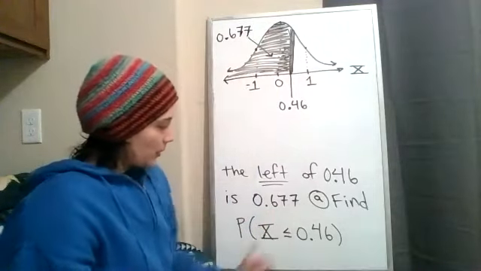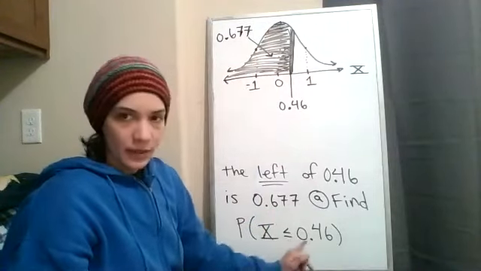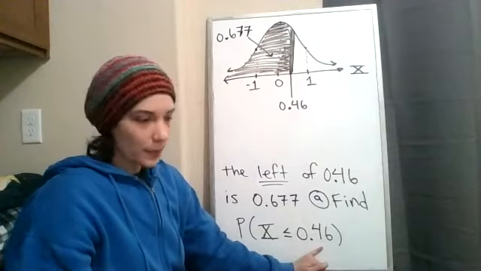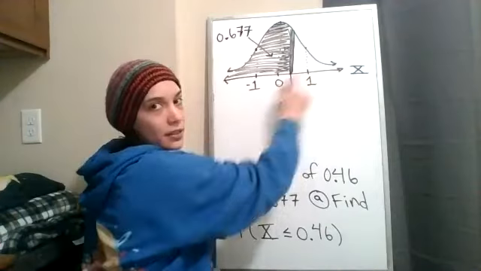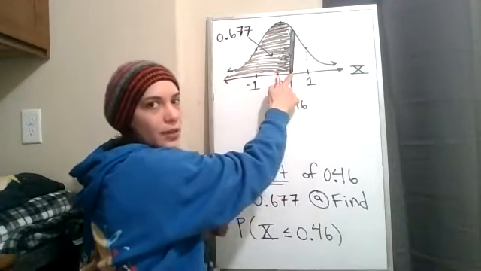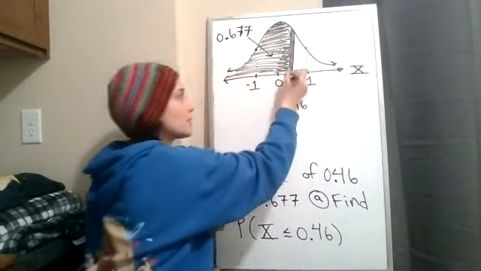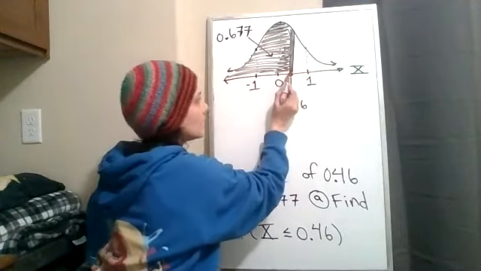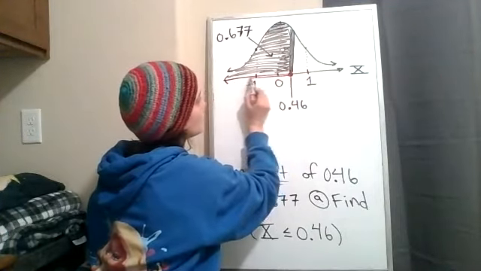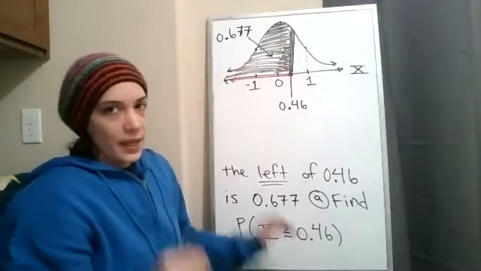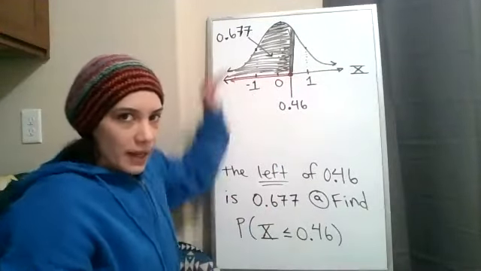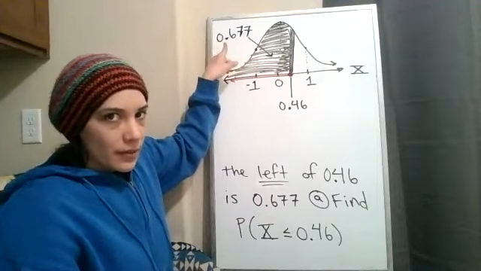Okay, and we're talking about the probability of x being less than or equal to 0.46. So at 0.46, you're going less than or equal to. So we want this interval. And the probability is the corresponding area under the normal curve, which you're given.